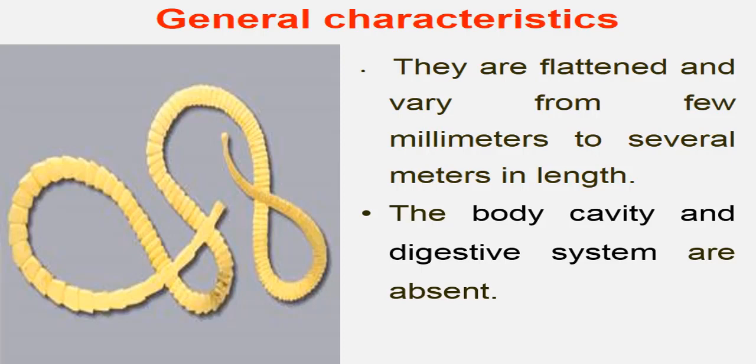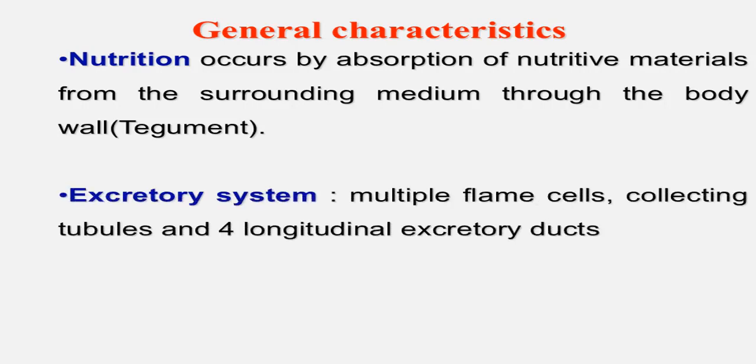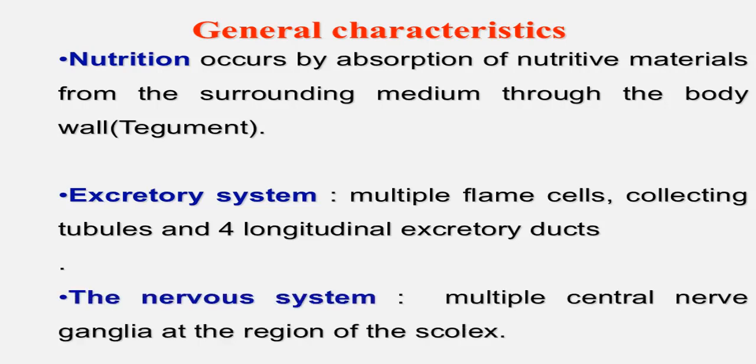Nutrition occurs by absorption of nutritive materials from the surrounding media through the body wall, the tegument. The excretory system has multiple flame cells, collecting tubules and 4 longitudinal excretory ducts. The nervous system has multiple central nerve ganglia at the region of the scolex.